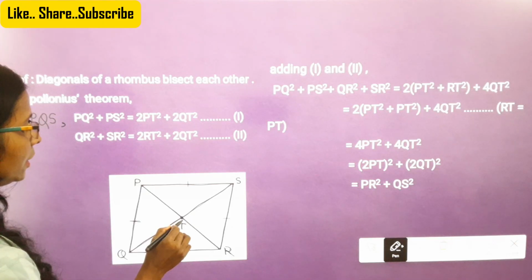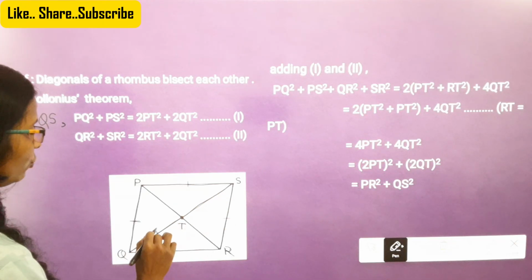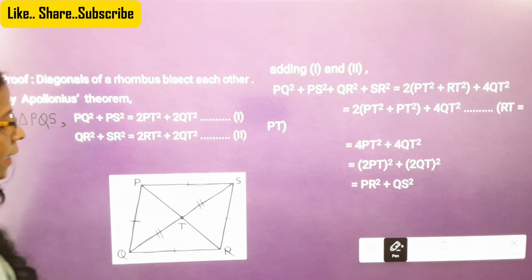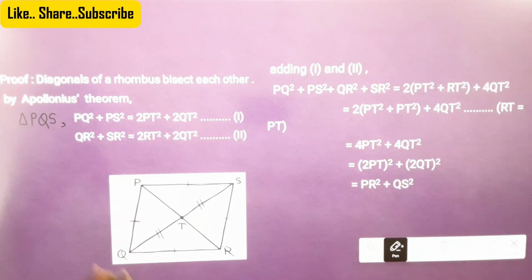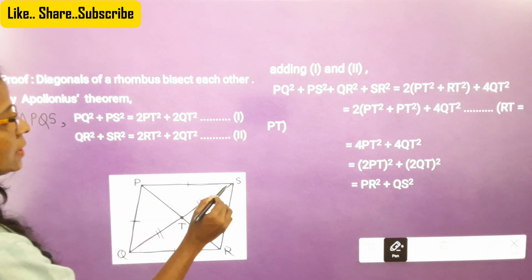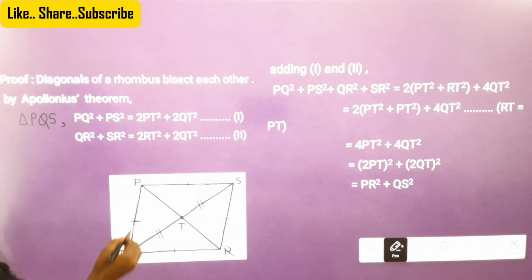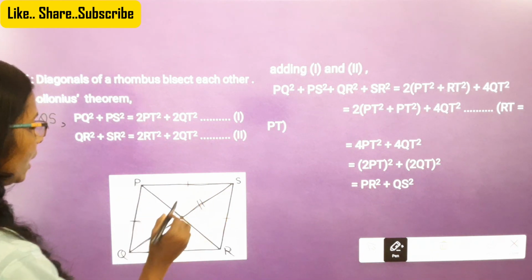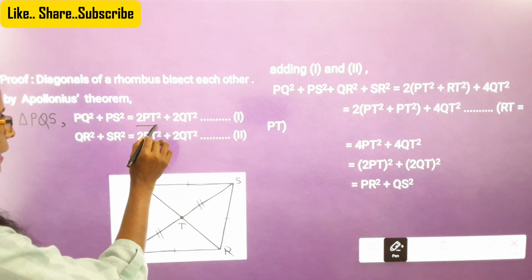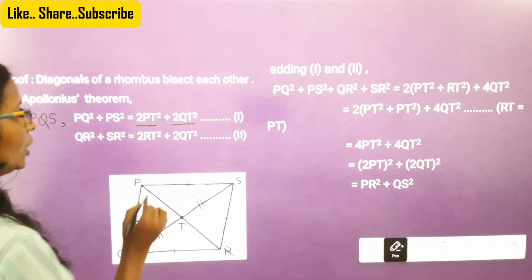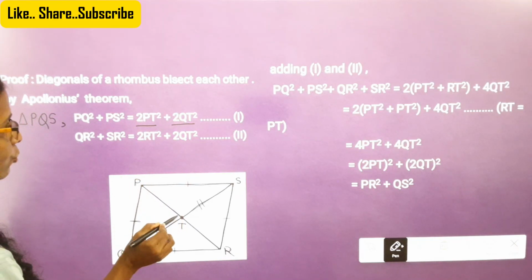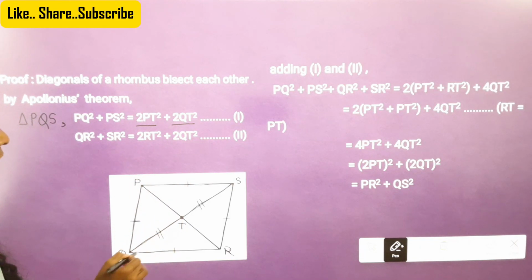That means T is the midpoint of QS. Students, so here we say that, as per the Apollonius Theorem, PQ square plus PS square is equal to 2PT square plus 2QT square.